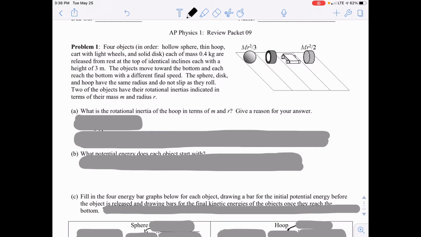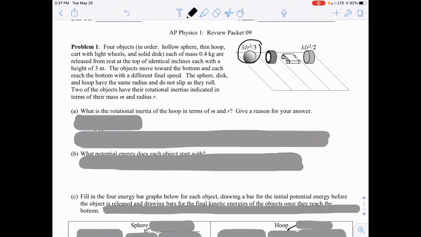Each has the same mass, 0.4 kilograms, and is released from rest at the top of identical inclines, each with a height of 3 meters. The objects move towards the bottom and reach the bottom with different final speeds. The sphere, disc, and hoop all have the same radius and do not slip as they roll. Two of the objects have their rotational inertias as indicated in terms of mass and radius. So we can see those values here.